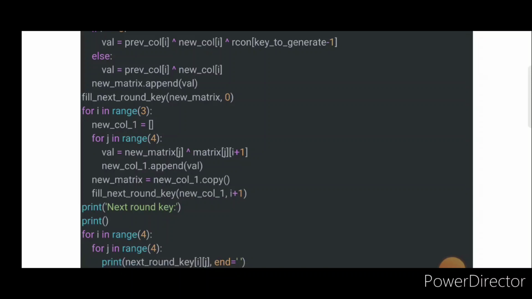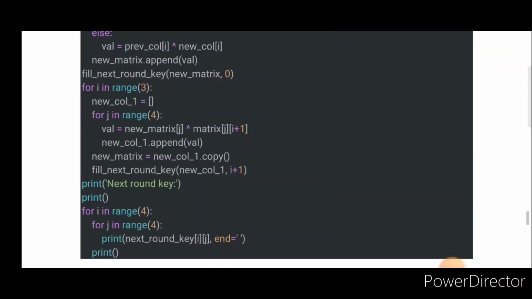Then the key expansion, the final part of the code, generates the round keys using the round expansion algorithm. The algorithm starts with the original key, performs transformations on it, and generates a set of round keys used in each round of AES encryption.